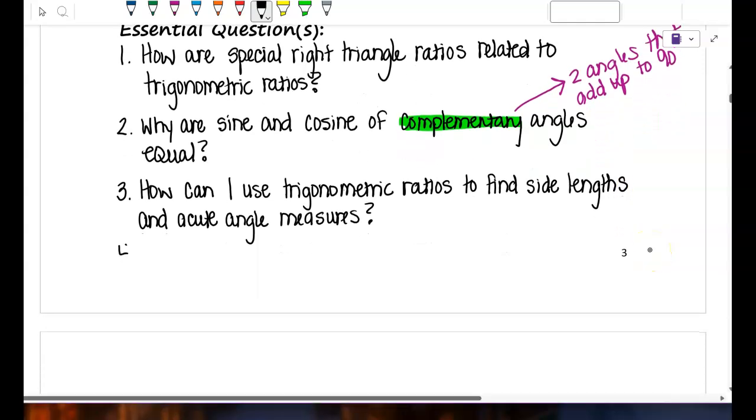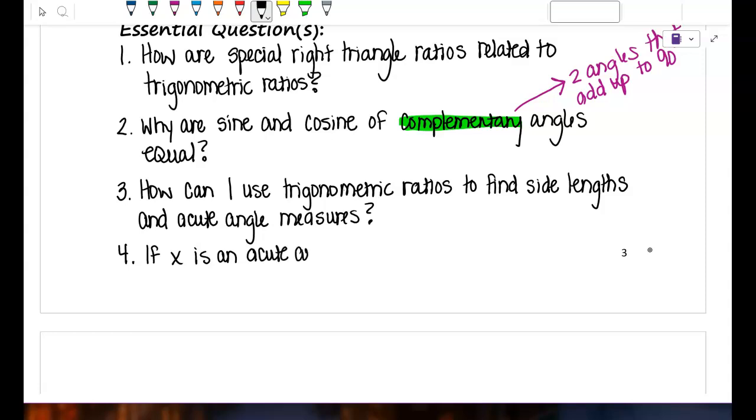And question 4: if X is an acute angle, then what is the range of values of sine x.